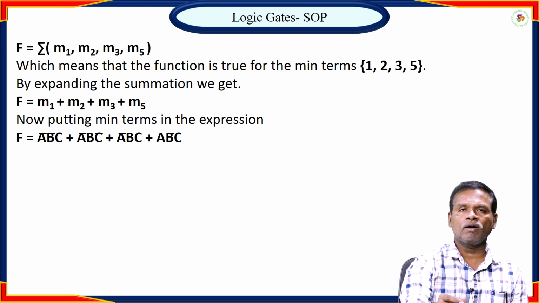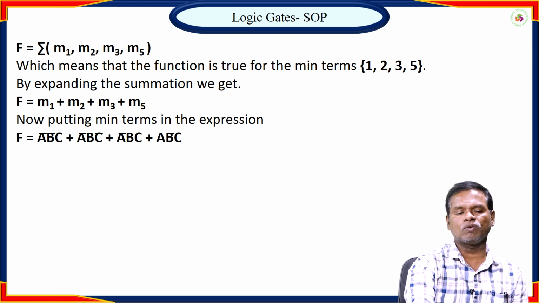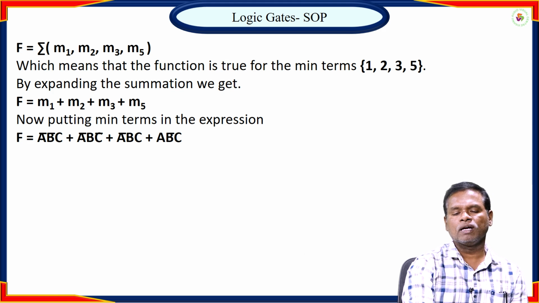In the form of the original table, m1 is nothing but A bar B bar C, m2 is nothing but A bar B C bar, that means 010, and m3 is nothing but 011, that means A bar B C, and the last, m5, is nothing but 101, which is A B bar C.